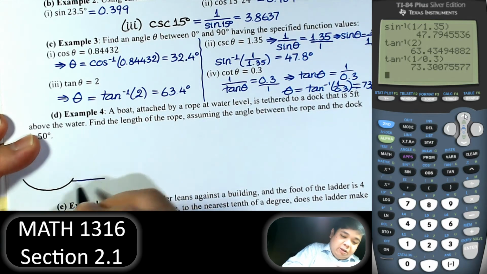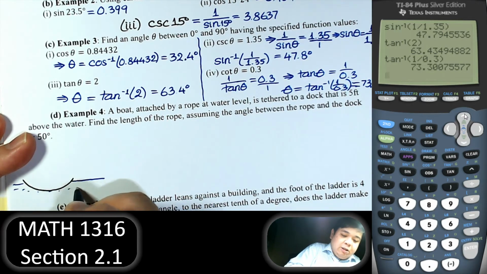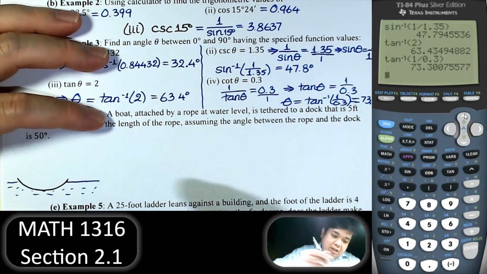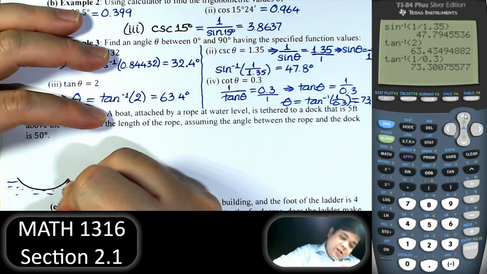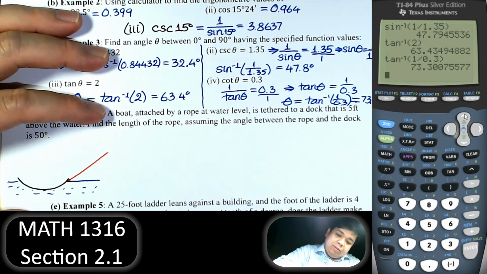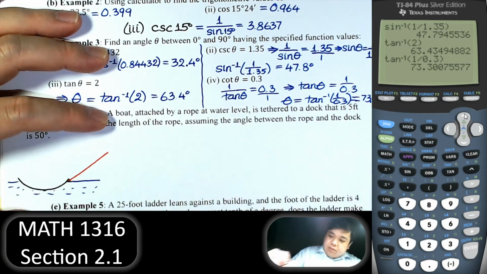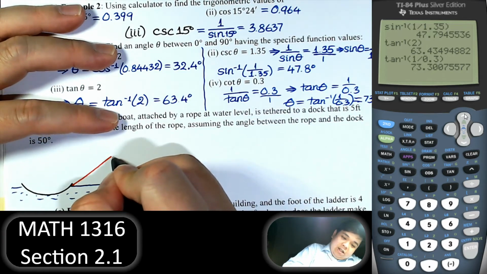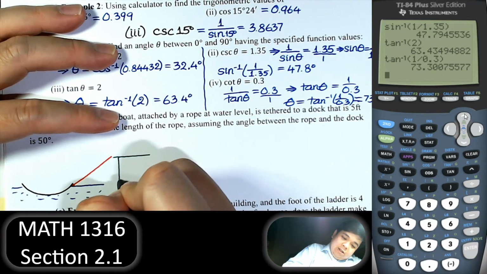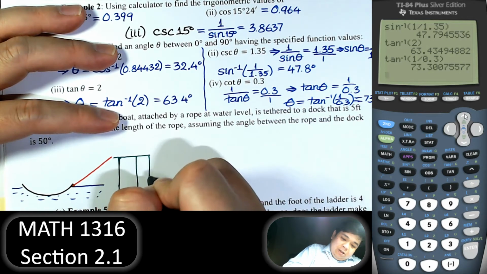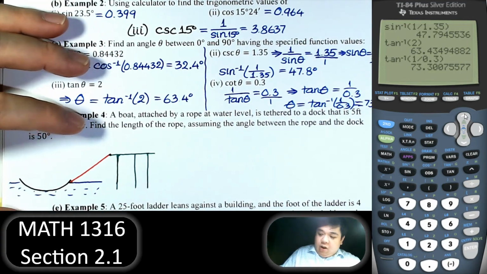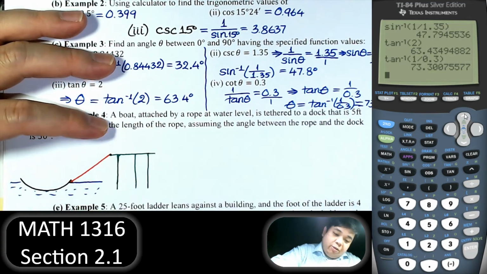So water level is that, and it is tethered to the dock. The dock is, let's see, right, it's tethered to the dock, and the dock is 5 feet above the water.